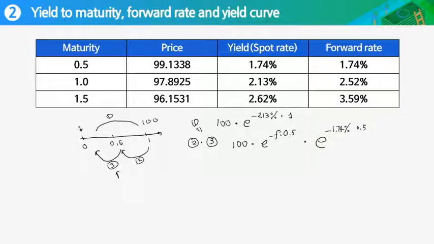Therefore, we should have 2.13% times 1 year should be equal to forward rate times 0.5 plus 1.74% times 0.5. Right? And from this one, actually, we have a very interesting pattern.